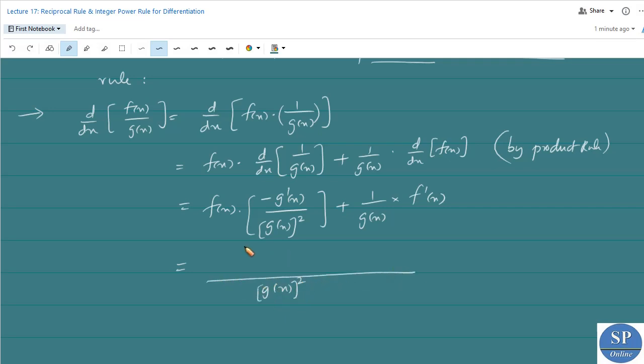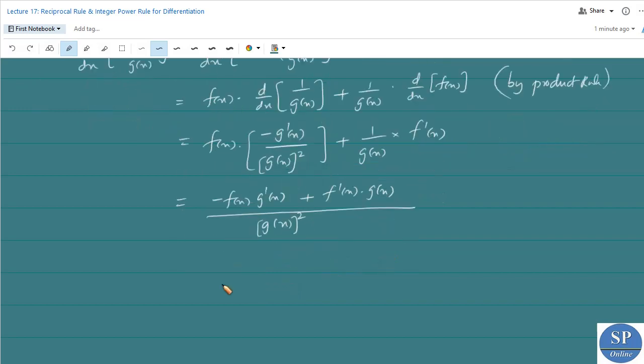So here we have f of x into negative g dash of x, plus f dash of x into g of x. So this is nothing but g of x into f dash of x minus f of x into g dash of x divided by g of x whole square.